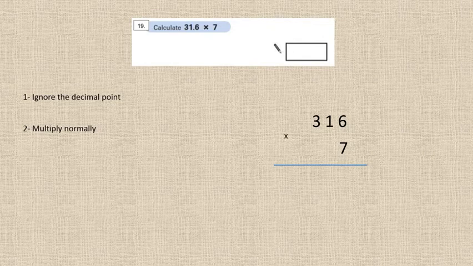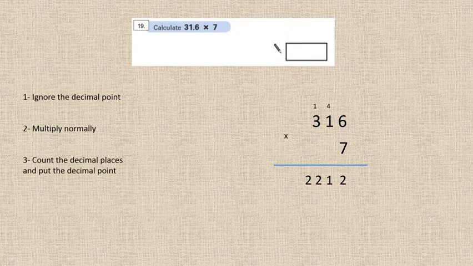So multiplying normally, 6 times 7 equals 42, so write 2 and carry a 4. And 7 times 1 equals 7, plus 4 equals 11, so write 1 and carry 1. And 3 times 7 equals 21, plus 1 equals 22. So I multiplied normally. Now let's go to step number three, which is to count decimal places and put the decimal point.